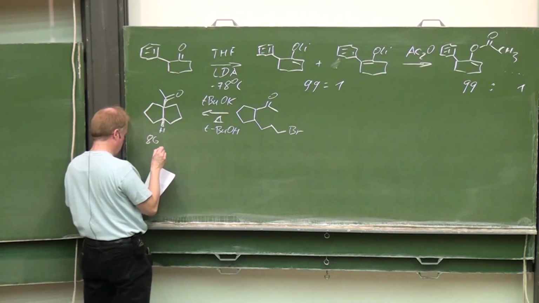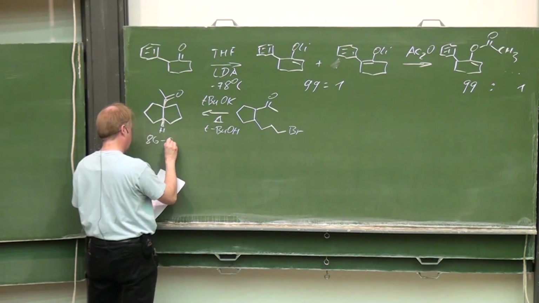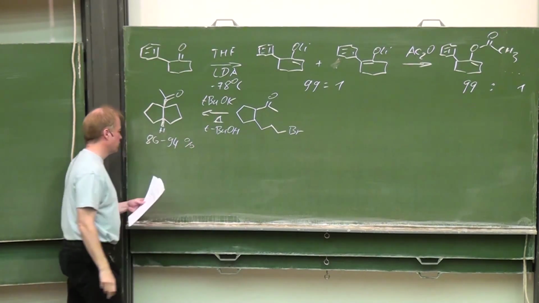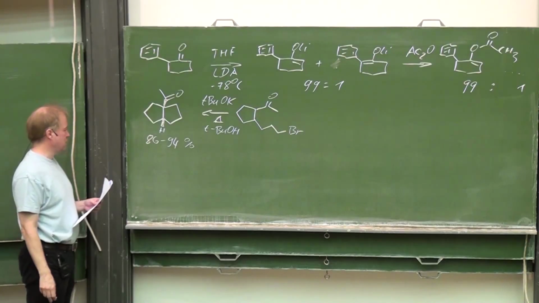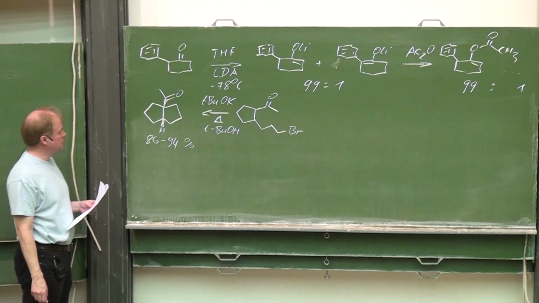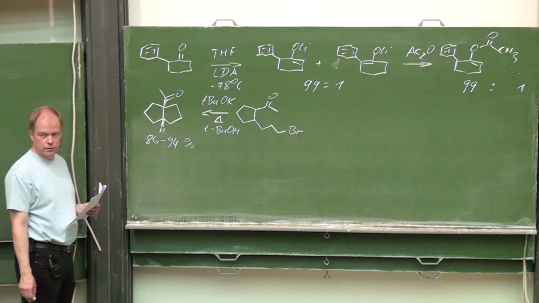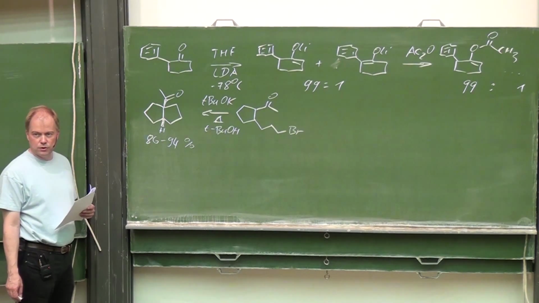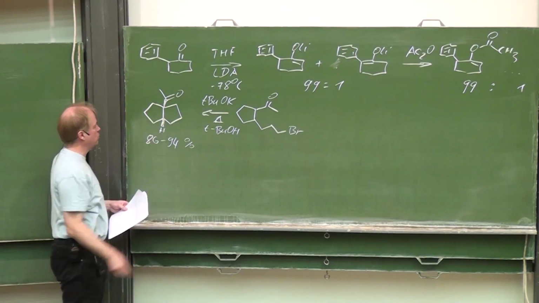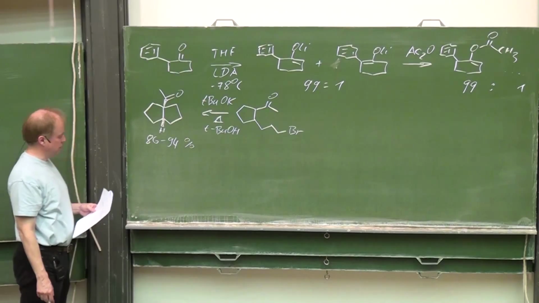The reaction has been done several times, but always with success, in 86 to 94% yield. It is the cis-fused system, because the trans-fused system would be rather strained in this case.